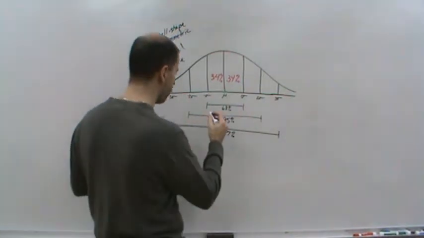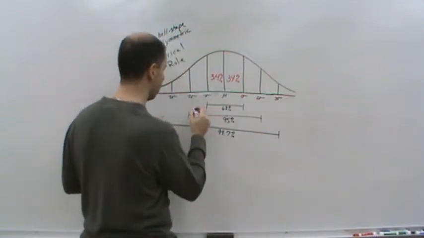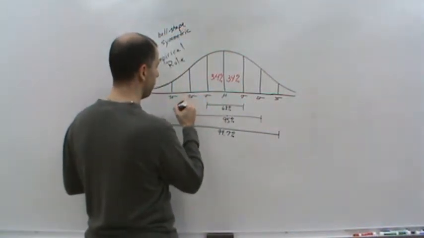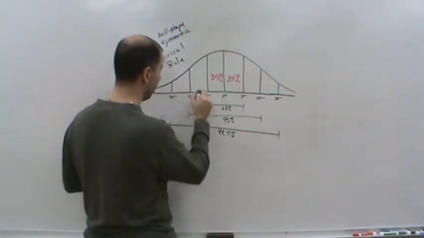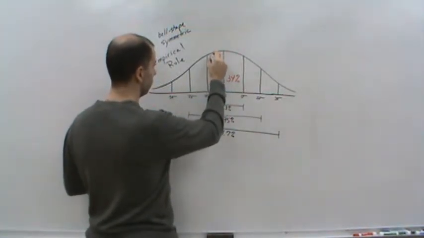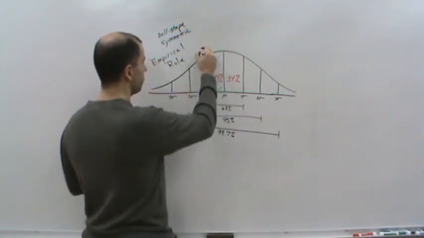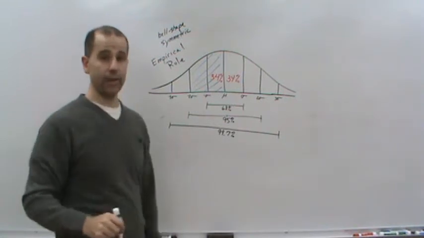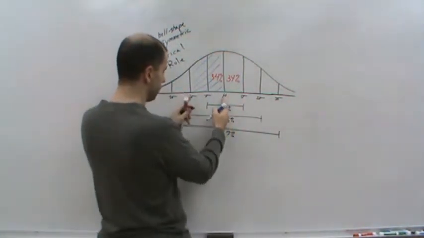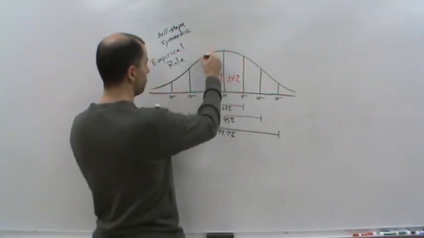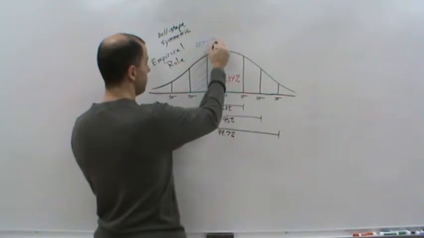So I know from here to here is going to be half of 95% because of symmetry, so this blue piece will be 47.5%.